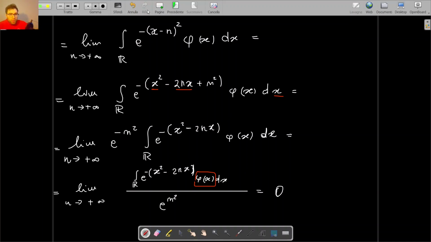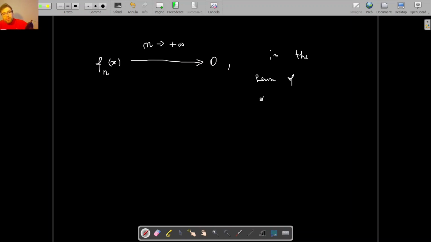So we can conclude that our sequence of functions f_n(x) when n tends to plus infinity tends to the identically null distribution, basically to 0, and this in the sense of distributions.